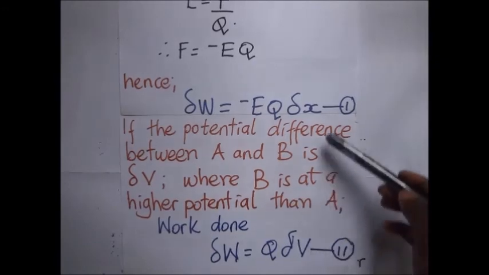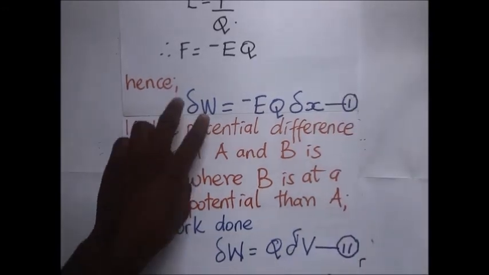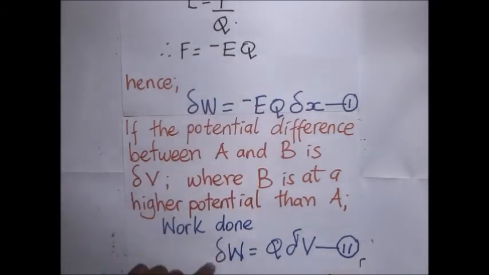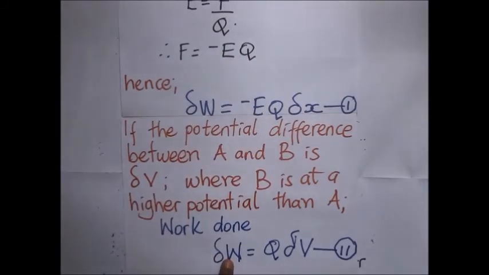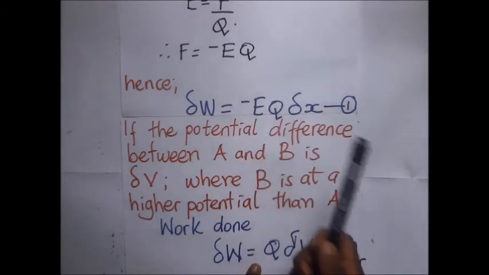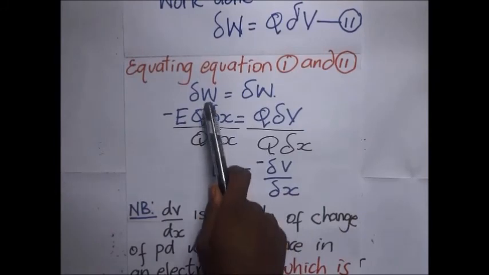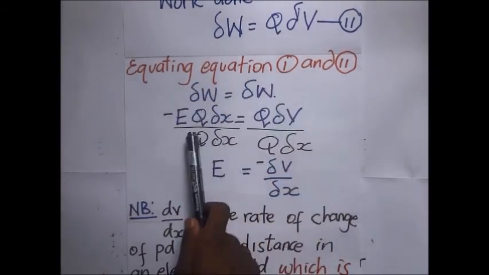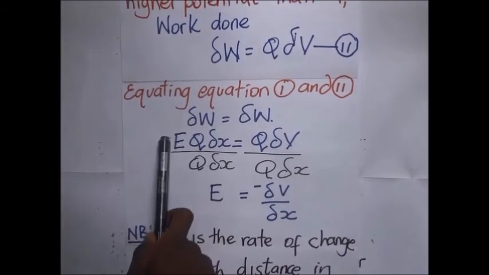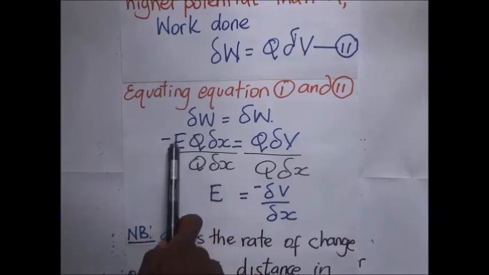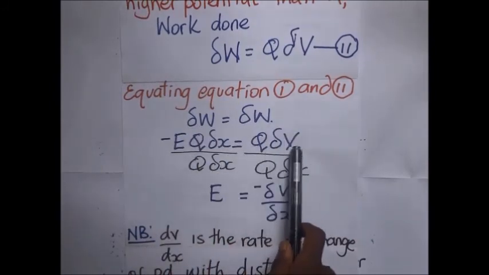So what we do, we equate these two expressions. The work done here is equal to that. The work done in terms of potential difference is that. So the first expression, equation 1, is going to be equal to the second expression.